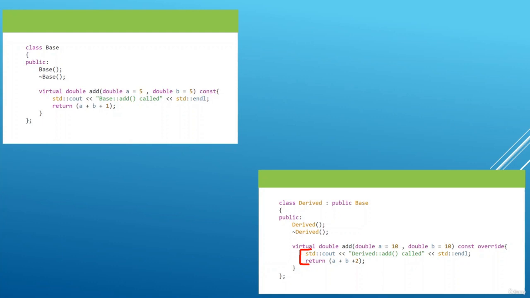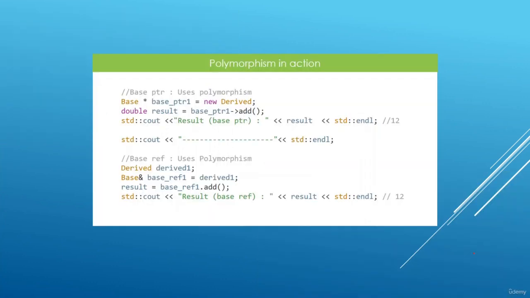The default arguments are going to be plugged in at compile time using static binding. So because the base pointer is a base object, we will be using the default arguments from the base implementation of the add method. So we will just plug in 5 and 5. So we will add 5 to 5 and add a 2. That's why we get a 12 right here.